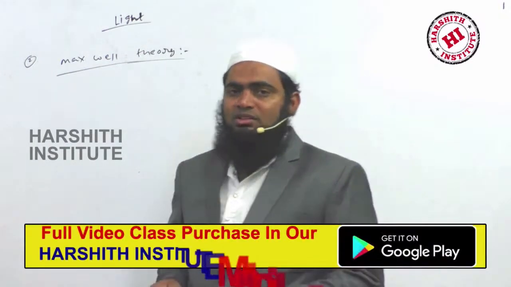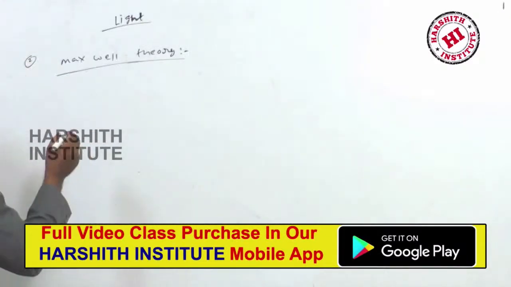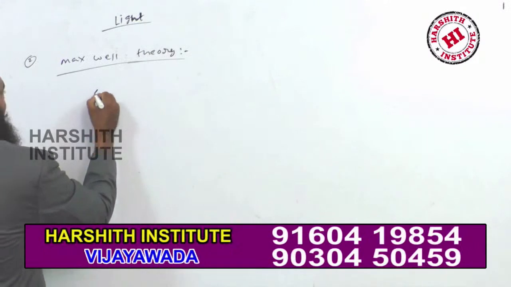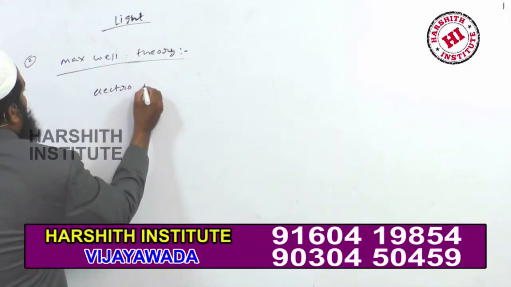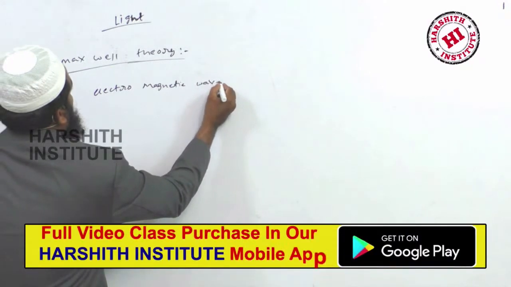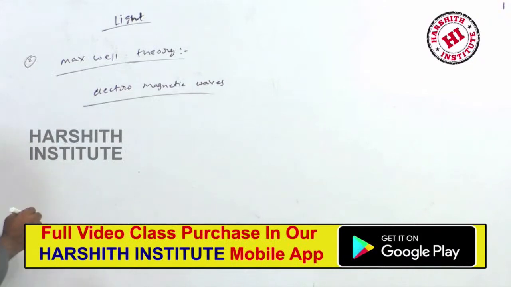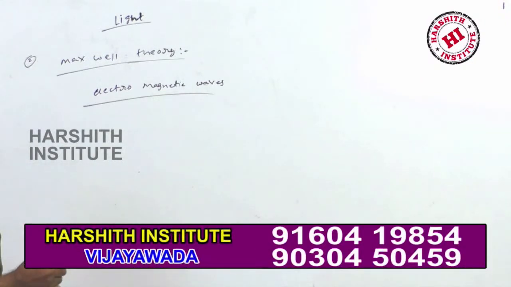So in this theorem, according to this theorem, light contains electromagnetic waves. So light is an electromagnetic wave.